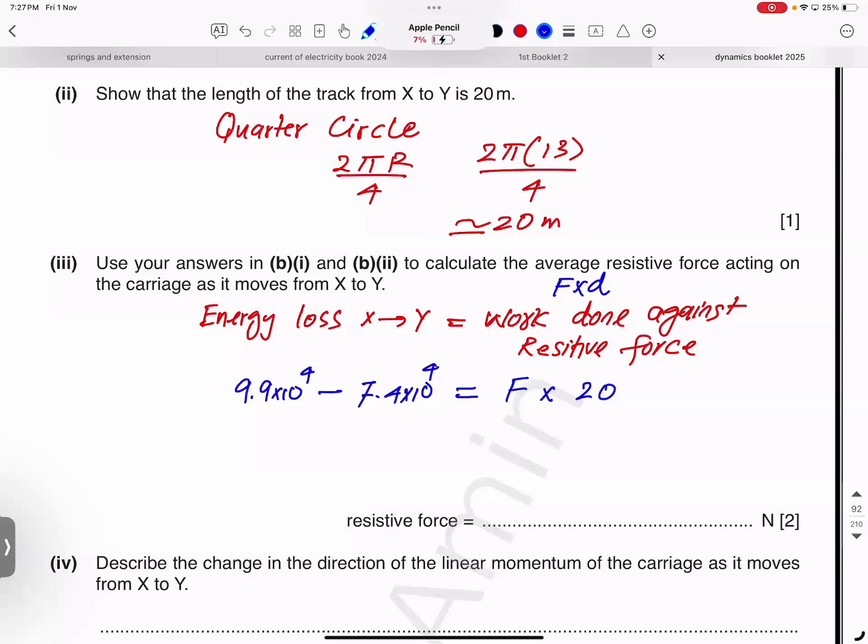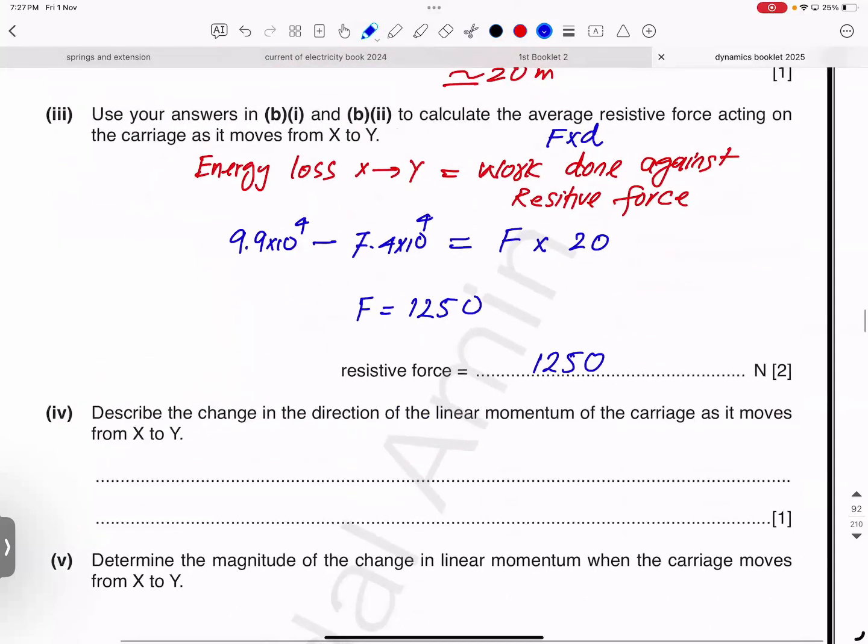Subtract the two values, divide by 20, you get the resistive force, which is how much? 1,250. Exact? Yes. You can write two or three significant figures. I don't mind.